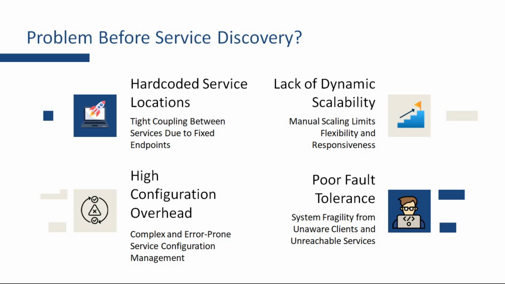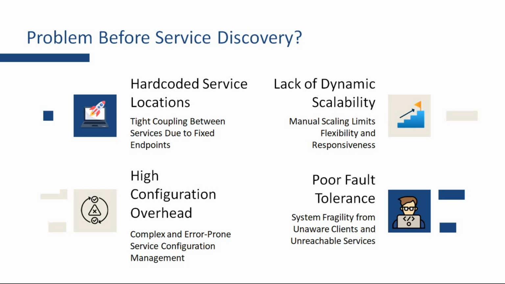4. Poor fault tolerance. The last issue, and one of the most critical, is fault tolerance. If a service instance goes down, clients are often unaware. They keep trying to reach the same dead service again and again. This leads to increased latency, unnecessary retries, and sometimes complete application failure.